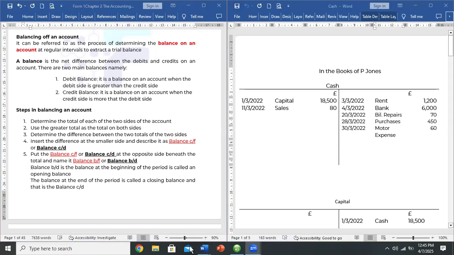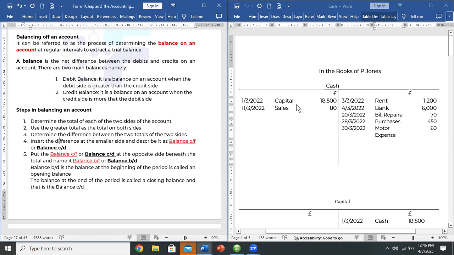Austin, please read the first step for us. 1. Determine the total of each of the two sides of the account. Okay. So you determine the total on each of the two sides of the account, right?